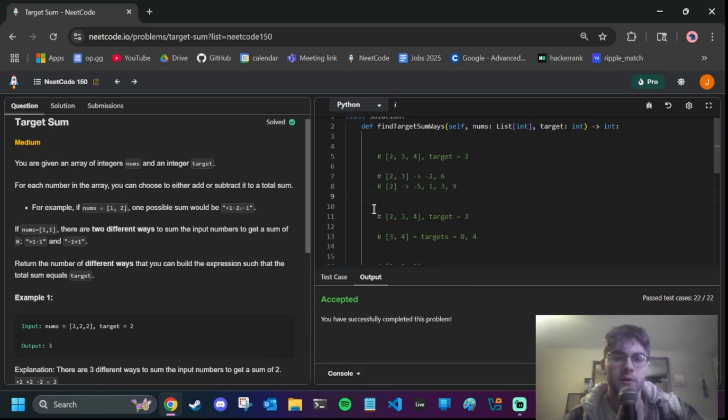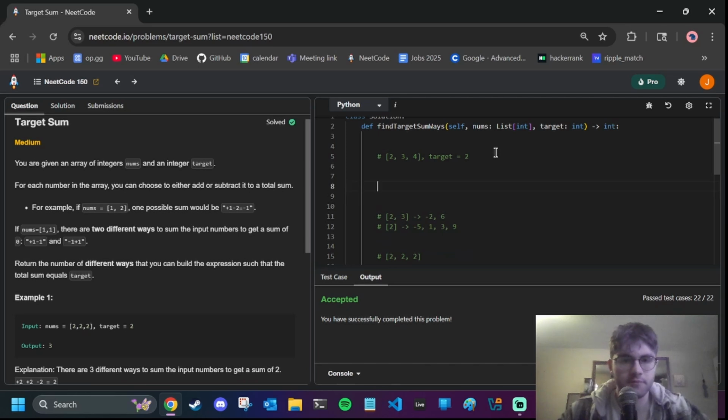I know this problem is also a 2D dynamic programming, so maybe if we thought about it like if we had 2, 3, 4 and 2, 3, 4, and this like plus and minus.